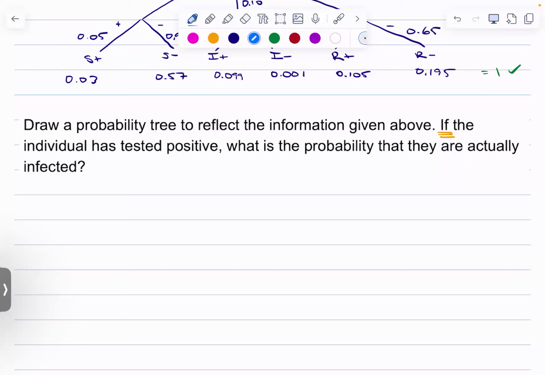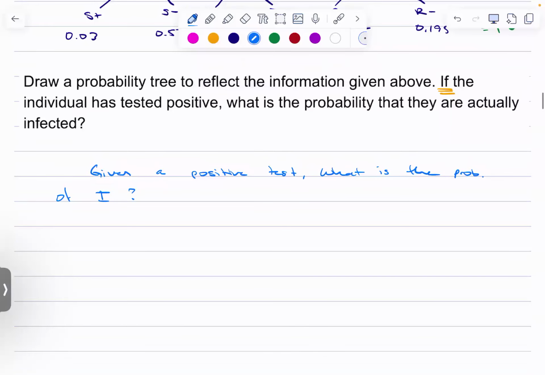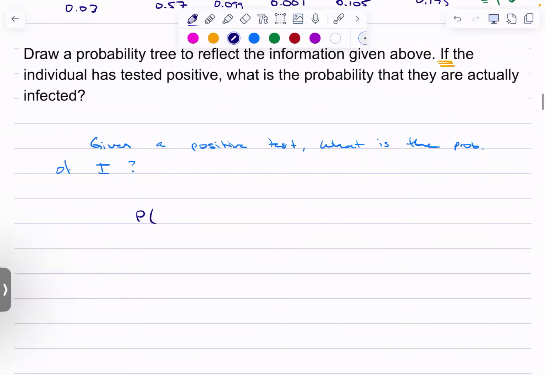And so if we translate this, this would be given a positive test, what is the probability of I? Which we would translate into a conditional probability statement, right? I want to know what's the probability of I given a positive test.